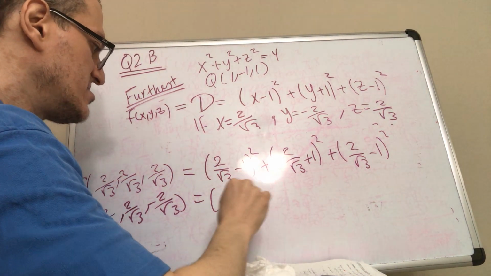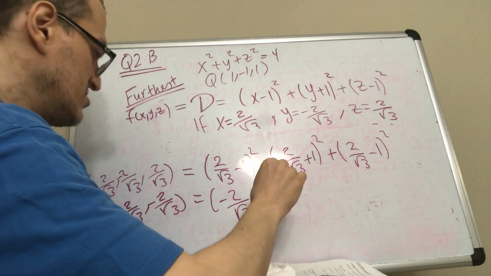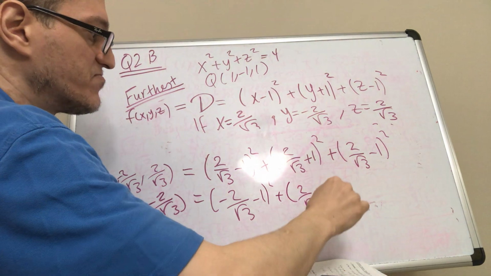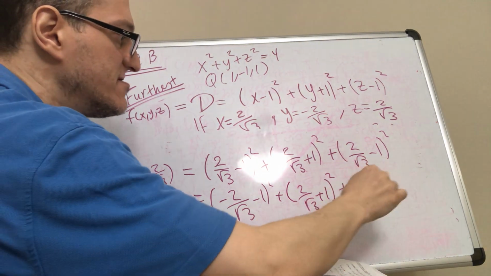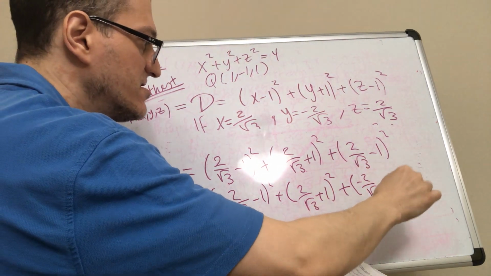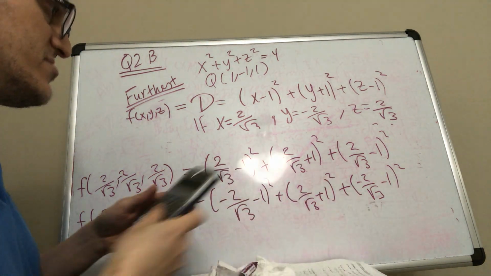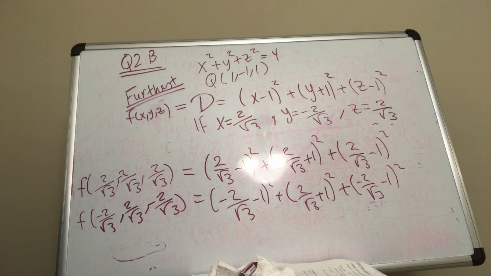For the second, (minus 2 over root 3 minus 1) squared, then positive plus 1 squared, and negative minus 1 squared. I'll use the calculator to do it because it's just a lot of numbers.